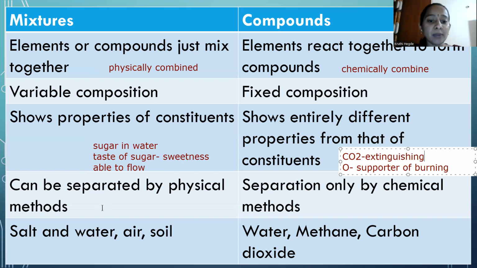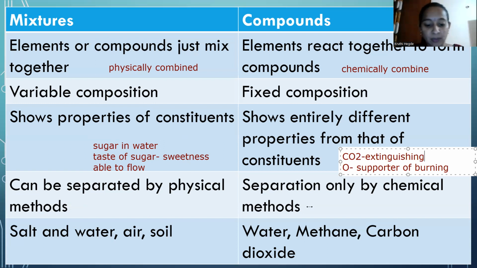Mixtures can be separated by physical methods. We have discussed 6 methods already: evaporation, centrifugation, separating funnel, distillation, chromatography, and sublimation. So mixtures can be separated by physical methods, whereas compounds can be separated only by chemical methods.